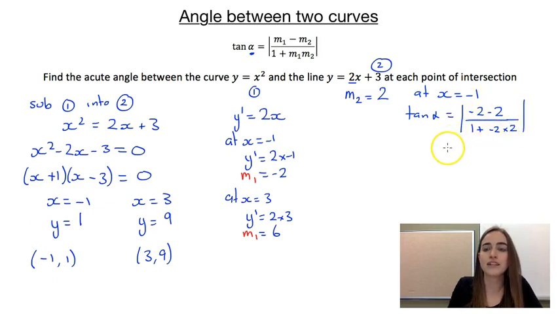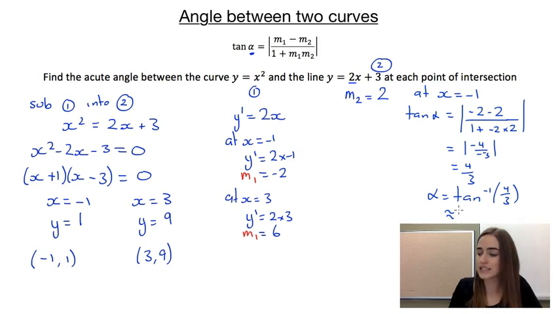If we simplify what's in there, that gives us minus 4 over minus 3, and the absolute value of that is 4 over 3. To find our angle, we take tan inverse of 4 over 3, and to the nearest minute, that gives us 53 degrees and 8 minutes. So at this point of intersection, (minus 1, 1), our acute angle between the curve and the straight line is 53 degrees and 8 minutes.